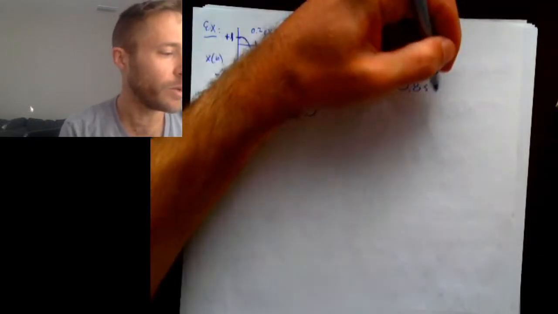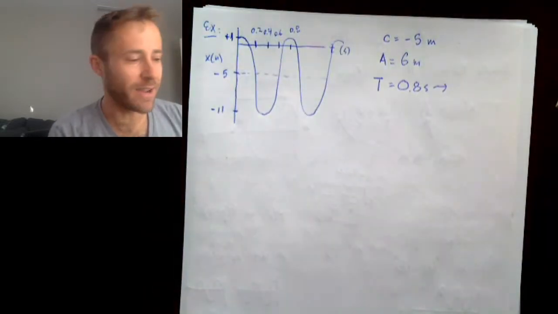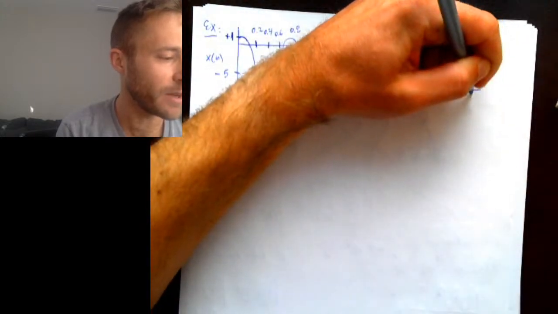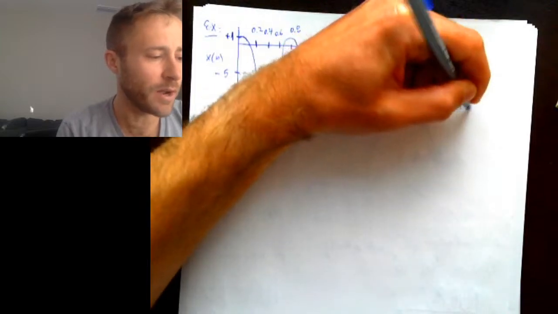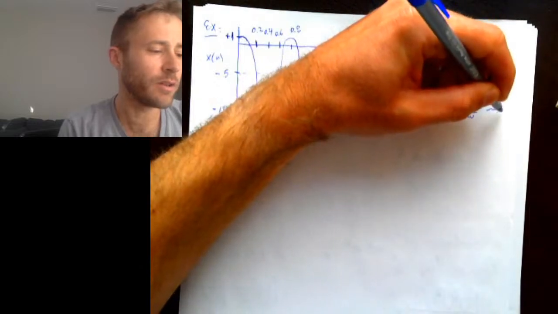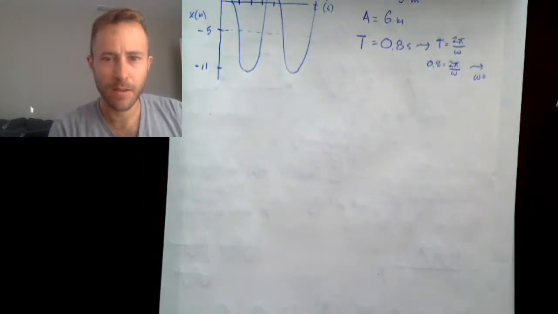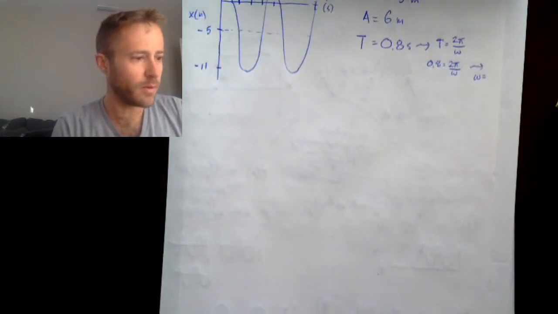And we can use that to determine omega. The period is 2 pi over omega. So 0.8 is 2 pi over omega, which tells me that omega is 2 times pi divided by the period.